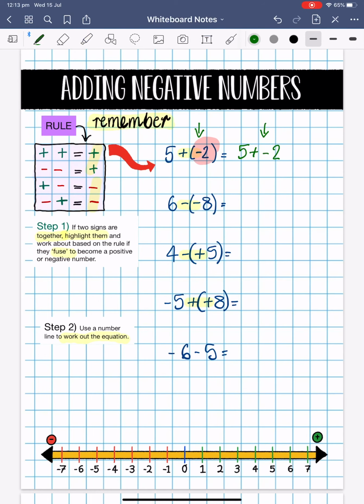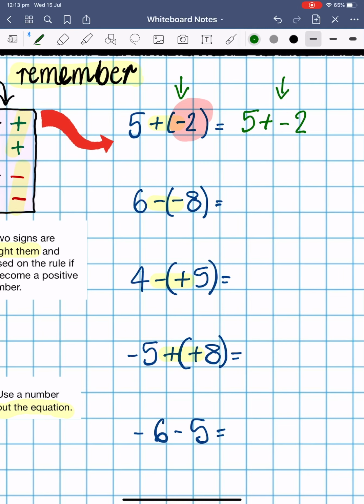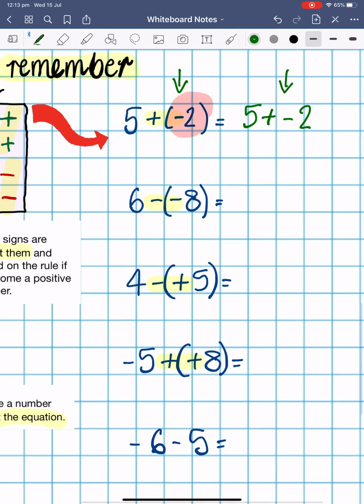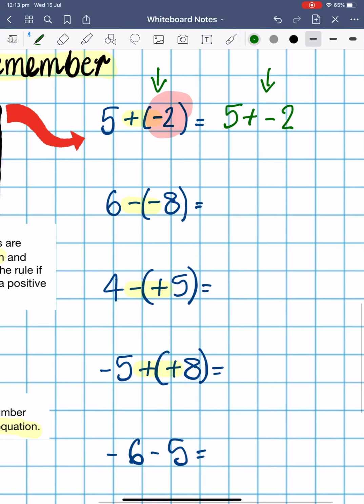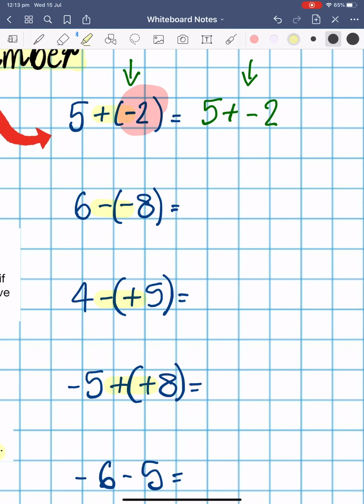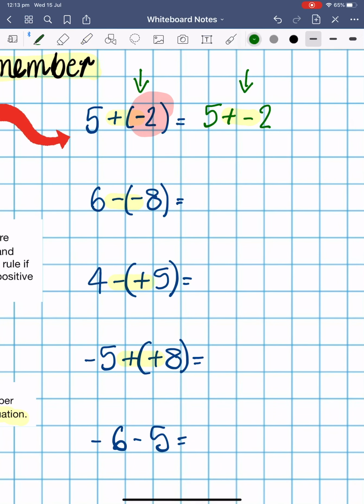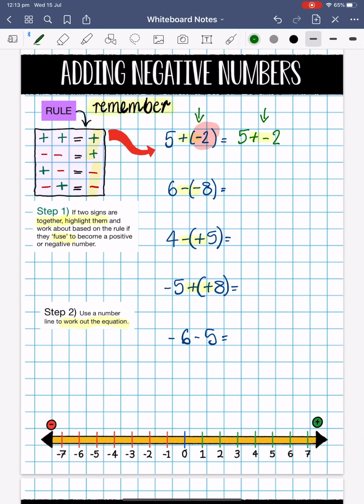So I've already done the first step, and the first step is to highlight whenever I see any symbols together. So you can see here the positive and the negative are next to each other, okay? And what our rule says, when they're next to each other, they fuse together and they become something else.